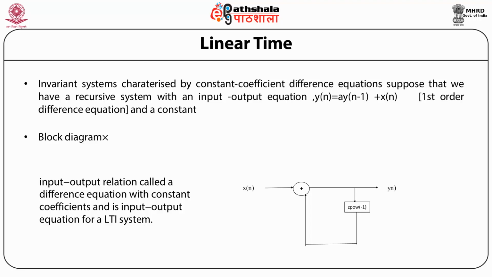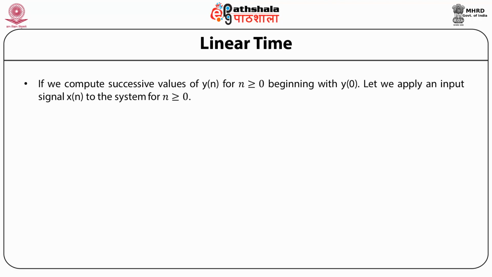is the input-output equation for a linear time invariant system. So if we compute the successive values of y(n) for n greater than or equal to 0, basically beginning with y(0), let us apply an input signal x(n) to the system for n greater than or equal to 0.